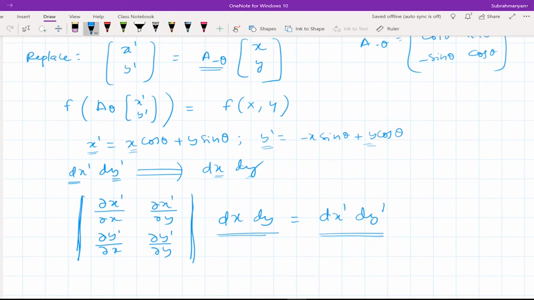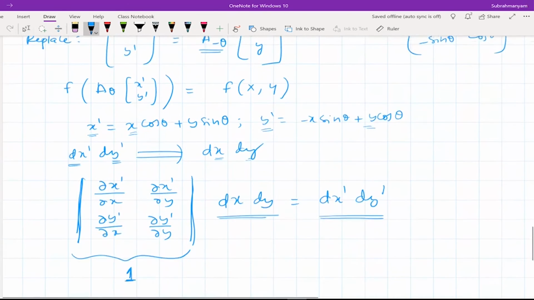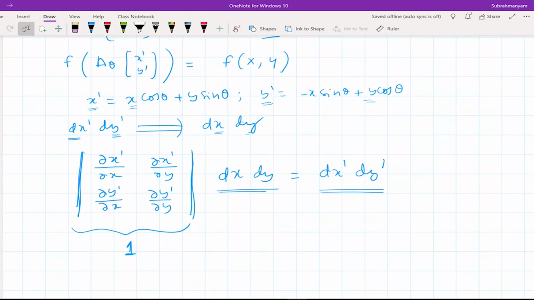Hope some of you at least remember this from your calculus, where you are changing two variables. Now what is this determinant here? Can you tell me the value of this determinant? 1, sir. Right. This determinant value is 1. You just simply check here, apply it. You will see that you get cos square theta plus sin square theta. So that implies your dx dy is equal to dx prime dy prime.